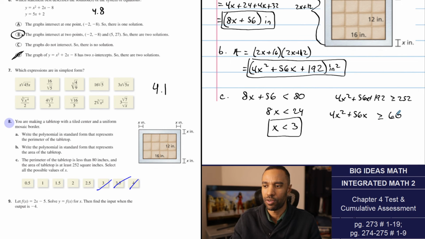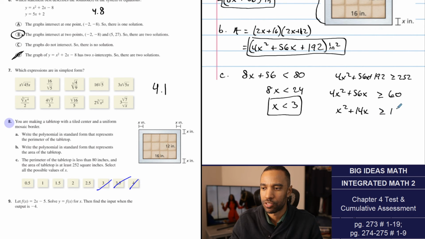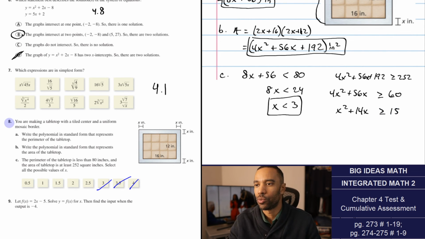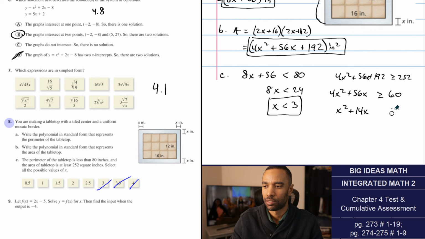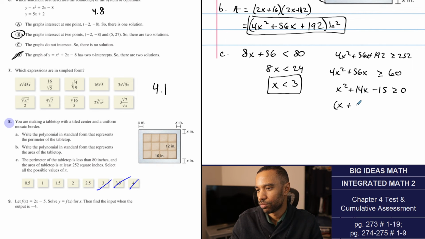I can divide these by 4. So I get x squared plus 14x is greater than or equal to 15. Oh, you know what? This is factorable. Minus 15 is greater than or equal to 0. Okay, this factors into x plus 15 times x minus 1 greater than or equal to 0.